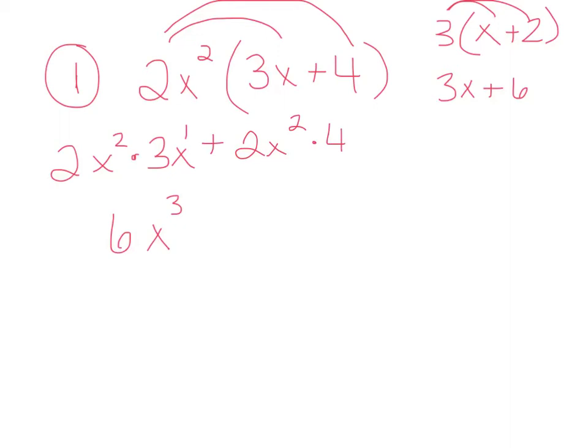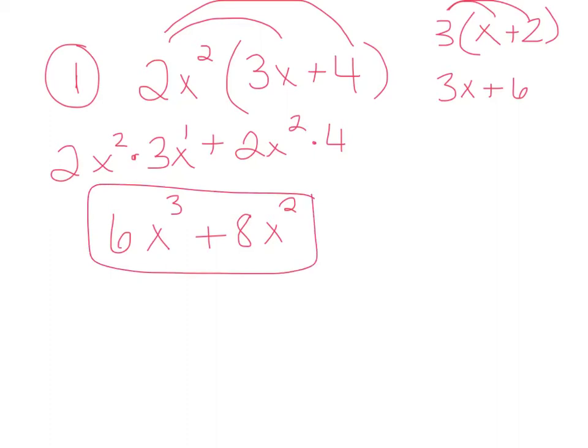We add those because there's a plus sign. That gives me 8x squared, because there's no exponent on the 4, so we just put the x squared after it. You can't just drop it. We multiply 2 times 4 and then put the x squared there. And there is your answer. You just multiplied a monomial times a binomial.